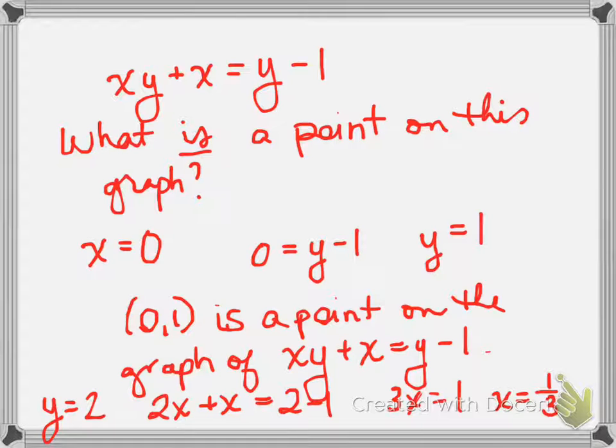Okay, that tells us if y equals 2, then x equals 1/3 on this graph. So I could also write that (1/3, 2) is a point on the graph of xy plus x equals y minus 1. Notice that the x-coordinate always comes first, followed by the y-coordinate. That's part of our Cartesian coordinate system. That's how we always write it. x comes first and then y.